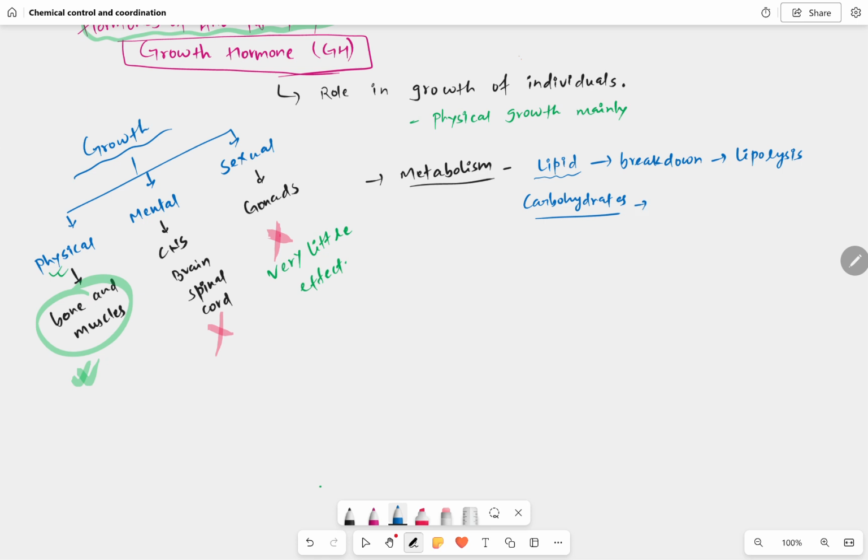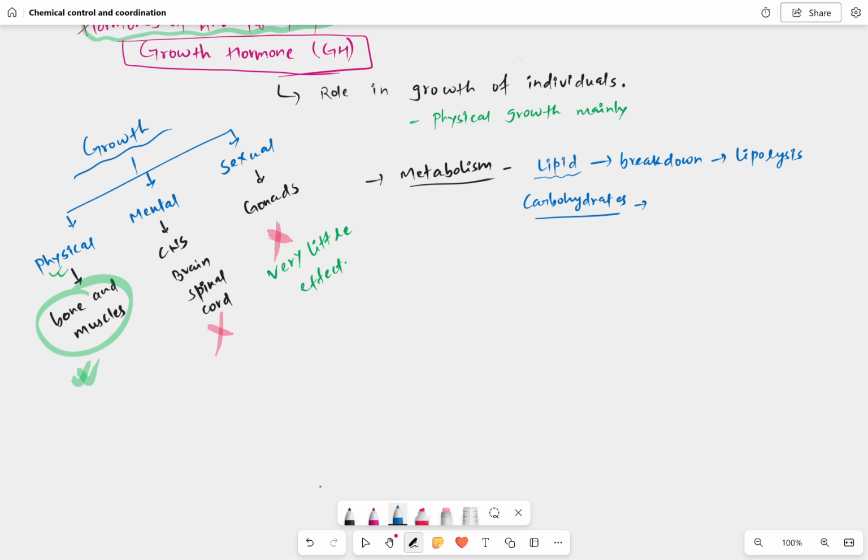Because we know that carbohydrates are the primary sugar circulating with the blood, which takes it to every cell, and it is used in maintenance of osmotic balance and different roles.